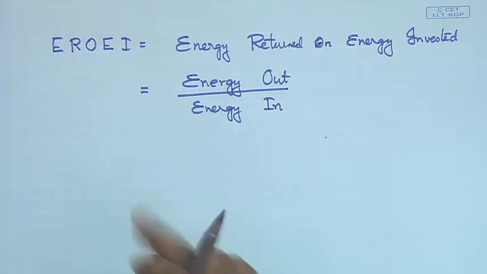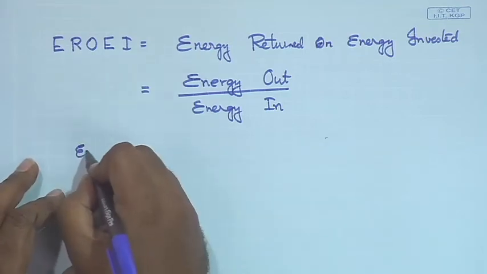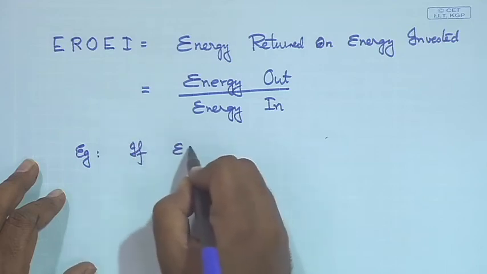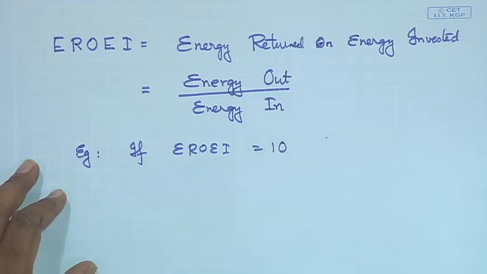So, this term is energy return on energy invested. Let us say, as an example, EROEI is equal to 10. What does it mean?